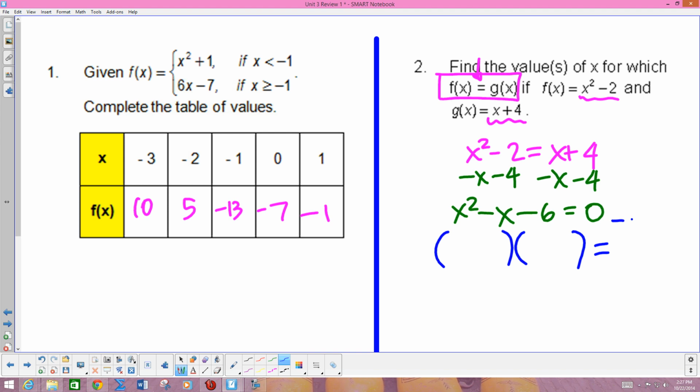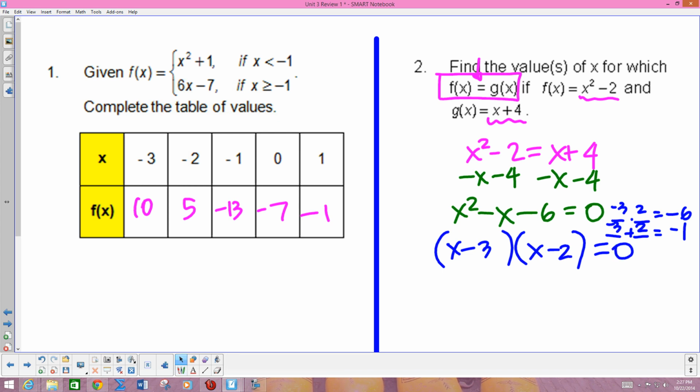So I'm thinking about something that multiplies to give me a -6 and adds up to give me a -1. And I believe that would be the numbers -3 and 2. So x minus 3, x plus 2, that's equal to 0.